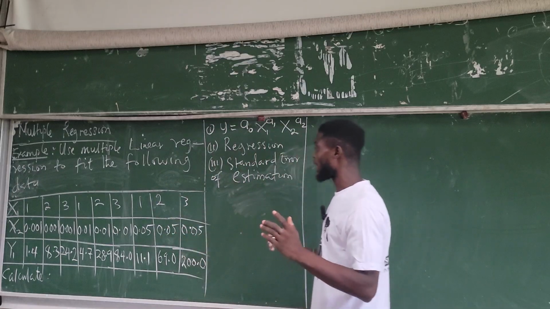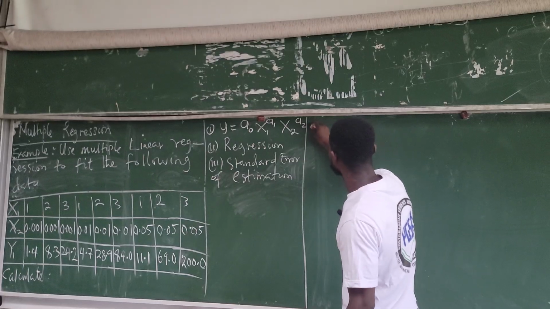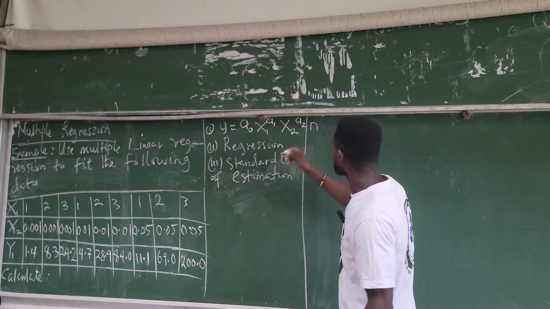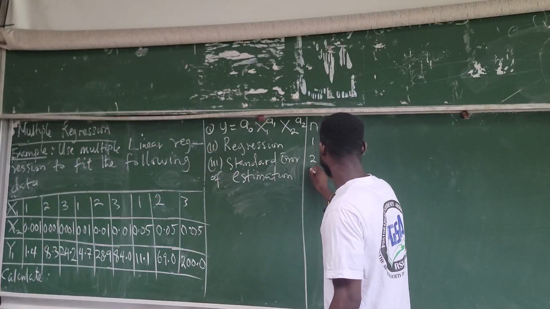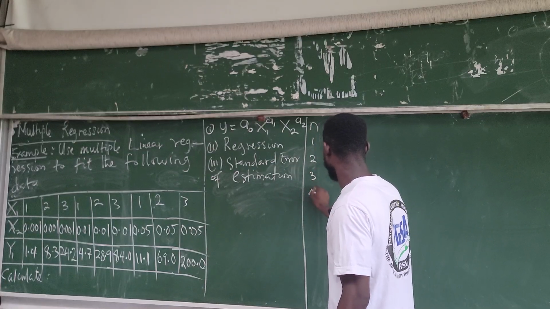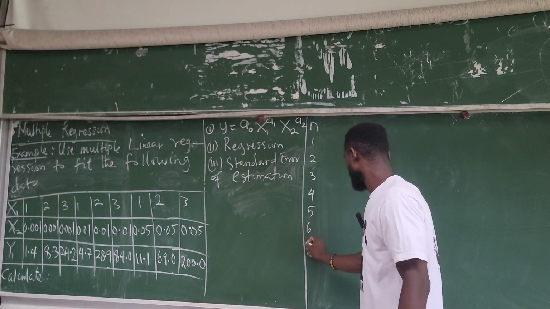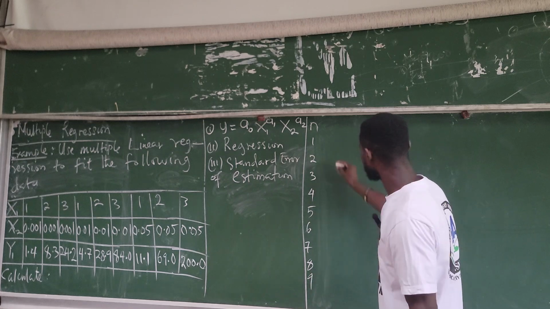Since we have 9 columns, we are going to have our n, which is the normal number: 1, 2, 3, 4, 5, 6, 7, 8, and 9.